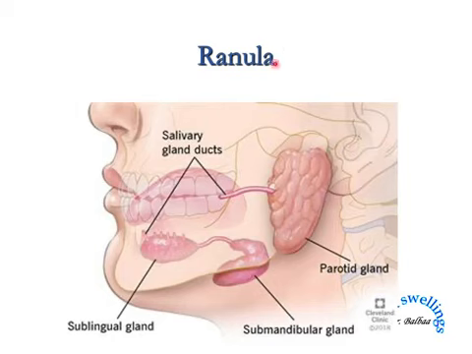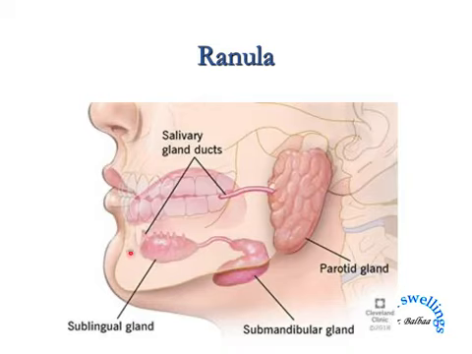The next swelling is something called ranula. What is the meaning of ranula? It is one of the swellings related to the third large salivary gland. We have already talked about the parotid and the submandibular. Now it is something related to the sublingual gland. As you see here, the parotid and the submandibular gland each have one duct.